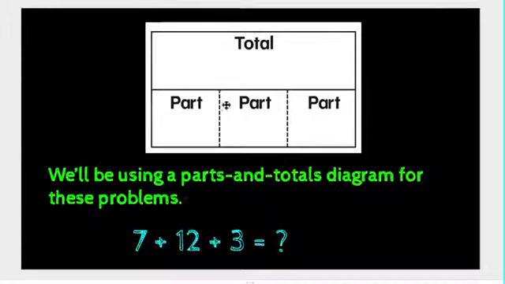For example, if we had 7 plus 12 plus 3 is equal to unknown, we have 1, 2, 3 addends, and the addends are referred to as parts. So the 7 would go here, the 12 would go in the middle part, and the 3 would go in the final part. Your total, or your sum, would be written on the top.